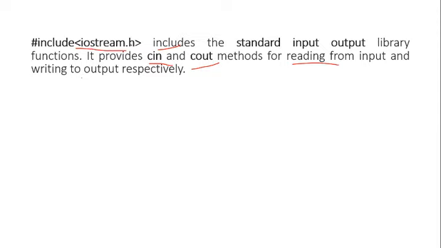So iostream is a very important header file in C++, where the cin and cout methods are defined. If you have to use these methods, cout uses these symbols which are defined in iostream, and cin uses this symbol which is defined in iostream.h. This is used with cin and this is used with cout. Okay, students.